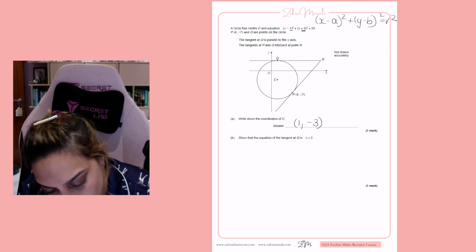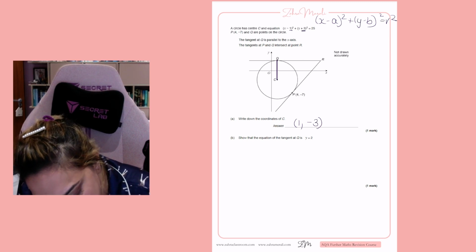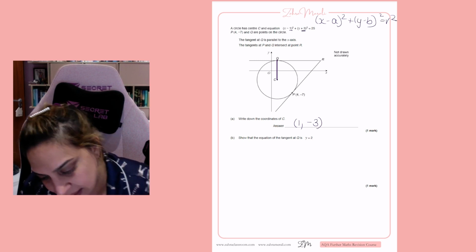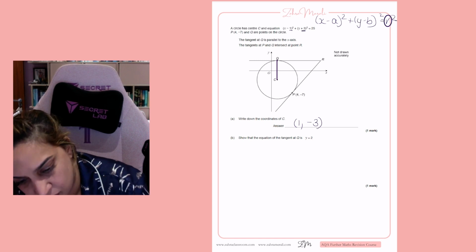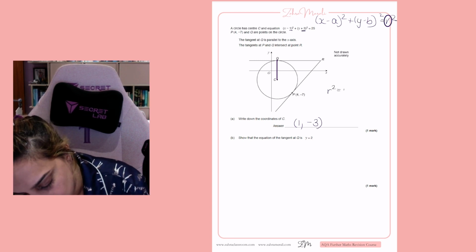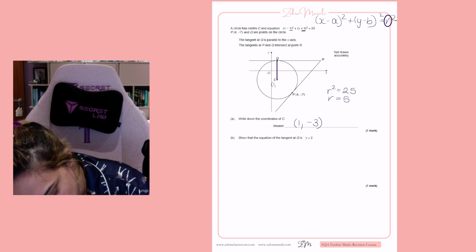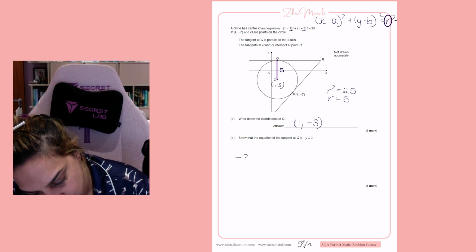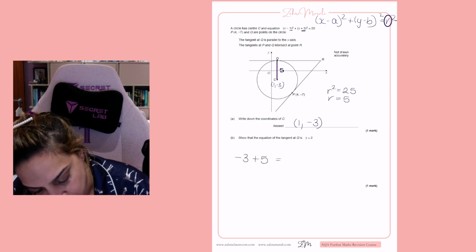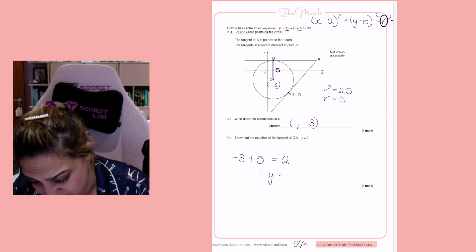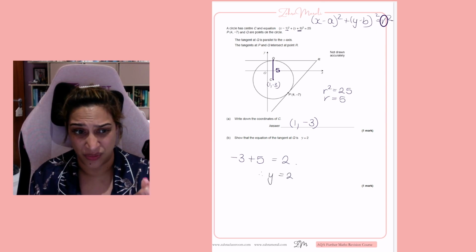We want to know from here to here, if r² equals 25, r must be 5. So if this is 1, -3, and this is 5, -3 + 5 equals 2, therefore y = 2. So we're going straight up by 2.